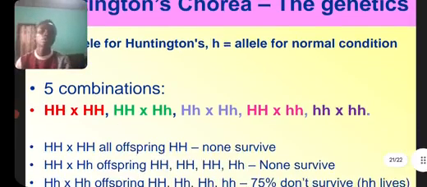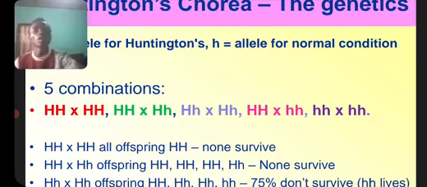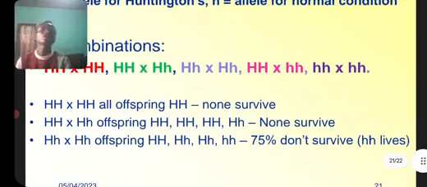So there are different combinations. We have the uppercase H crossing each other. If you cross homozygous dominant individuals with Huntington's chorea, the offspring will all have this trait, this genetic disorder, and will not survive.